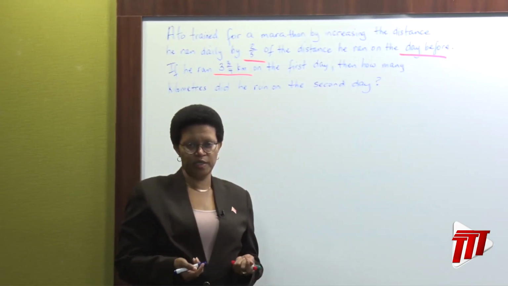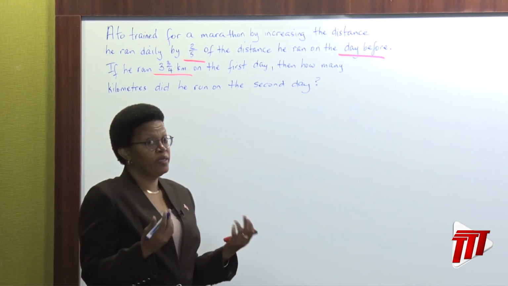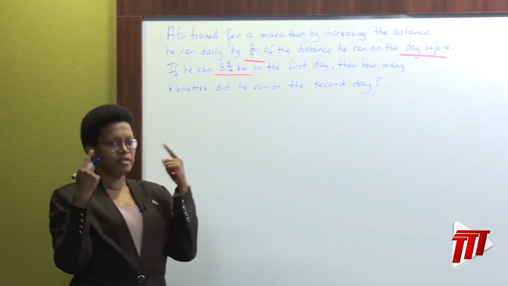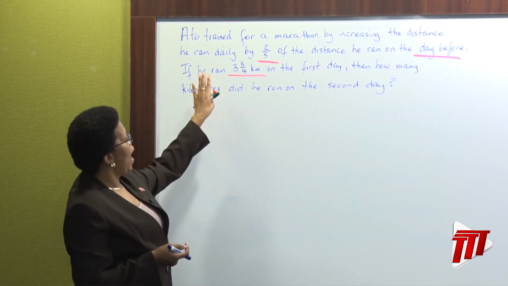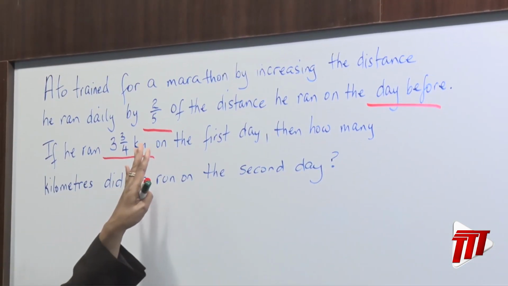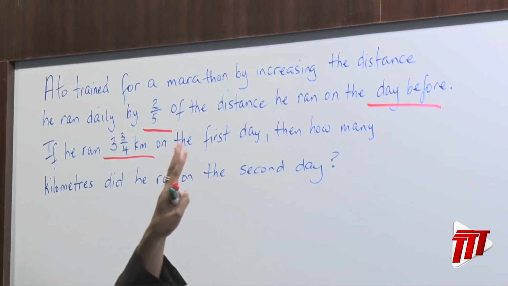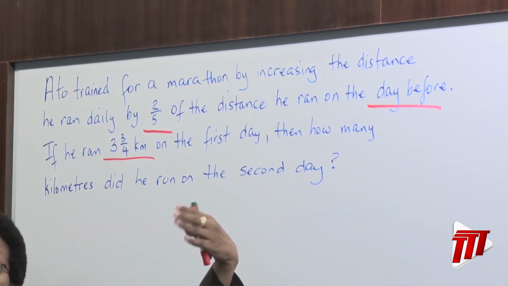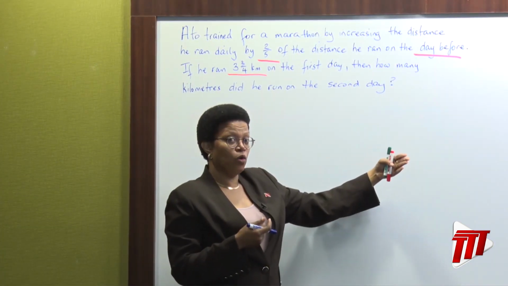So, boys and girls, let's see if we can work this problem using another method. Let's think about what we know. Atto ran 2/5 of the distance of the day before in addition to the whole distance of the day before.